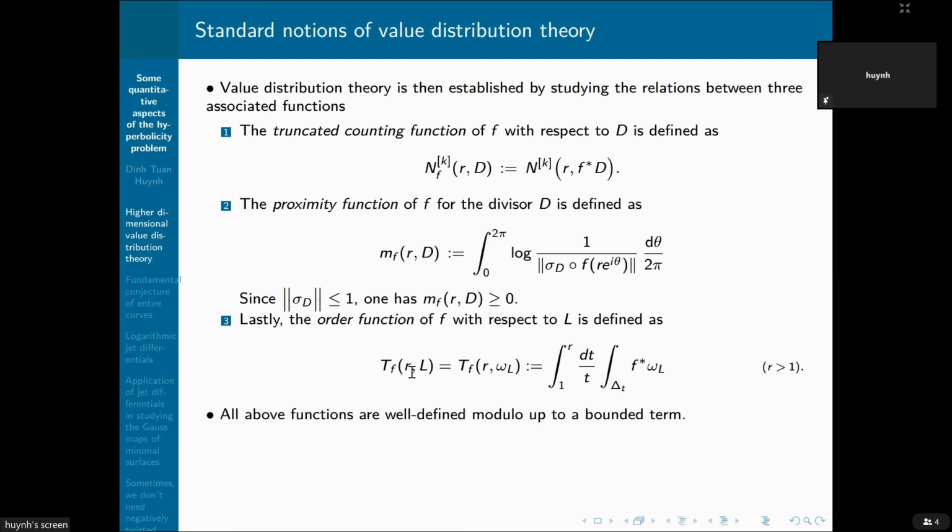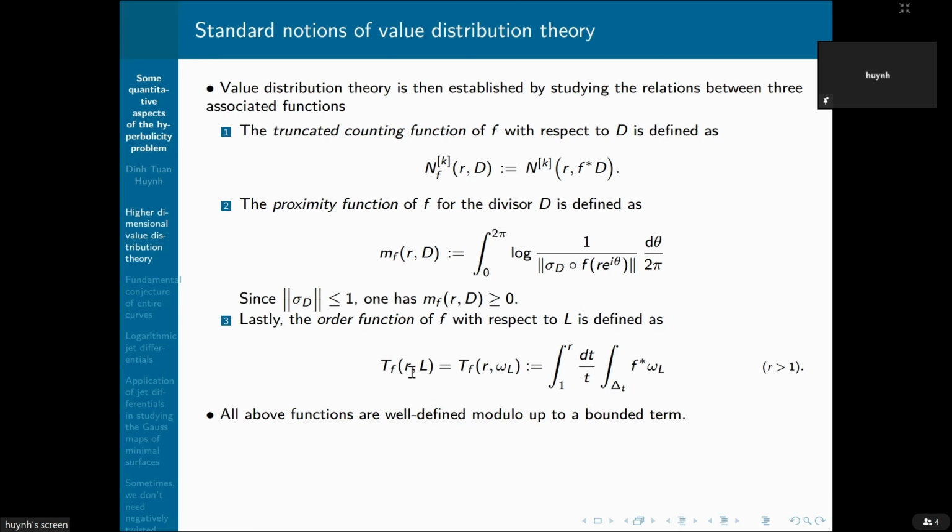The first one is the truncated counting function. It gives you the frequency of intersection between f and D. The next one is the proximity function of f for the divisor D. It's given by the integral on the circle of the quantity log 1 over the norm of sigma composed with f. Since we normalized the global section sigma, the proximity function is always positive.